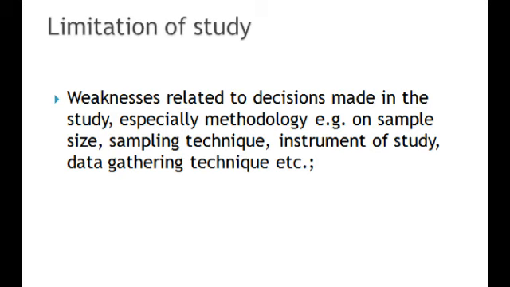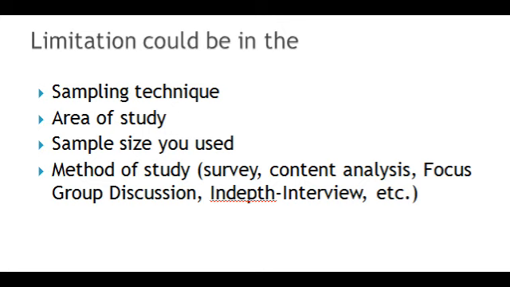It could be that the sampling technique you adopted, maybe you used purposive sampling technique, but you think that systematic sampling technique would have been better, or that another study should try the systematic sampling technique to know whether there will be difference in the findings.